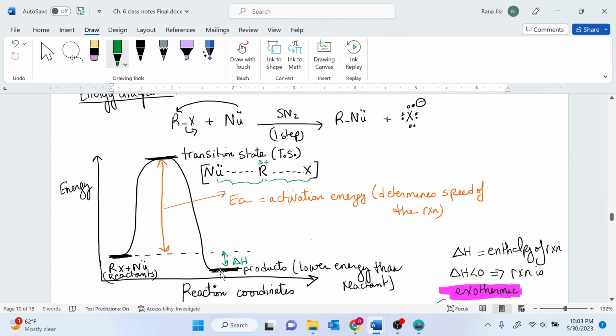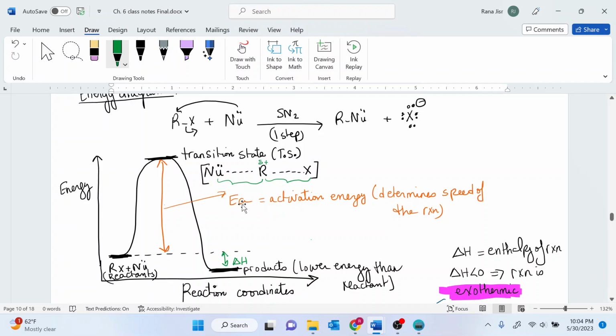The product should have a lower energy than that of the reactants, because the reaction needs to be an exothermic reaction, meaning that the change in energy between the reactants and the products needs to be negative. So delta H is exothermic, delta H is going to be negative. Products need to be always lower in energy than the reactants for the reaction to proceed towards the products, for it to be a favorable reaction.